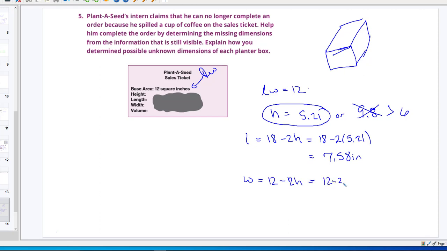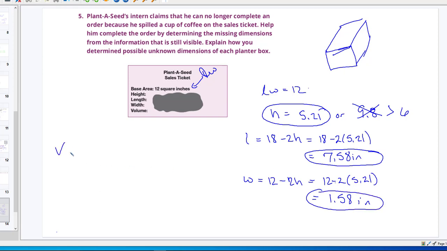And so if we do 12 minus 2 times 5.21, that gives us 1.58 inches. So there's our length and our width. And so our volume is equal to 5.21 times 7.58 times 1.58. And that gives us a volume of 62.30 cubic inches.